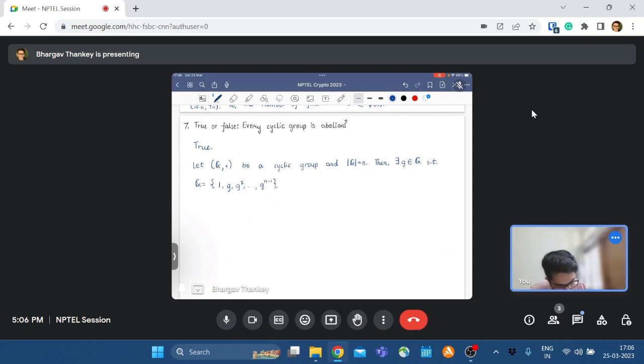So a and b are g to the i and g to the j, with i and j from 0 to n minus 1.